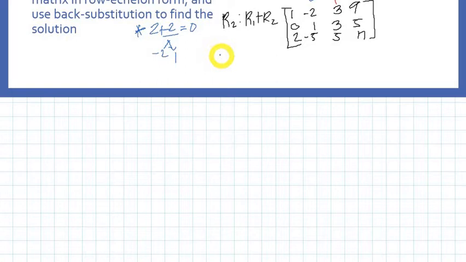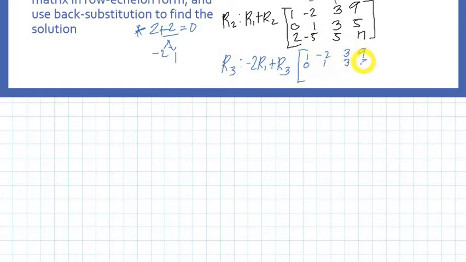So therefore, our row 3 would be obtained by multiplying -2 to row 1, then adding it to row 3. So this is the third elementary row operation mentioned. So since we're touching row 3, I will just copy row 1 and row 2.